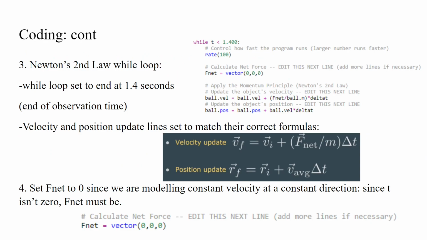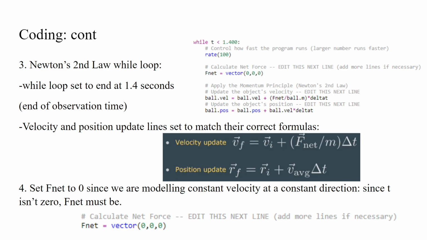Continuing with the coding, I fixed the Newton's second law while loop, so I set the beginning to 1.4 seconds because that's how long the observation was. The while loop ends at 1.4 seconds, the end of the observation time. Then I had to update the ball.velocity and ball.position lines to match the velocity update and position update formulas.